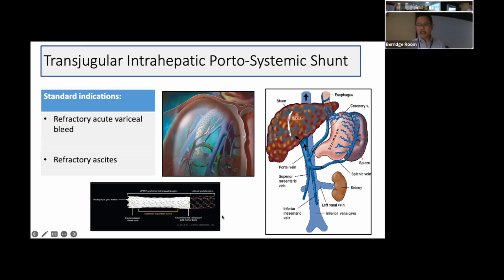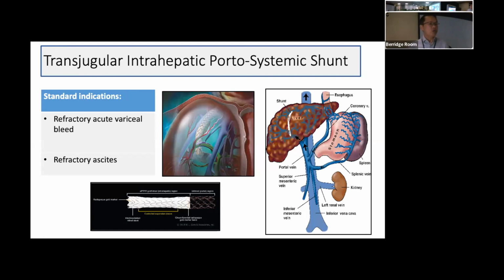Then you deploy a stent in between to create a shunt. Most of it is covered stent graft, and the last 2 centimeters is uncovered to allow some flow to go through the liver, and the rest is driven to the systemic circulation, therefore decompressing the pressure in the liver. That's the function of the TIPS procedure.